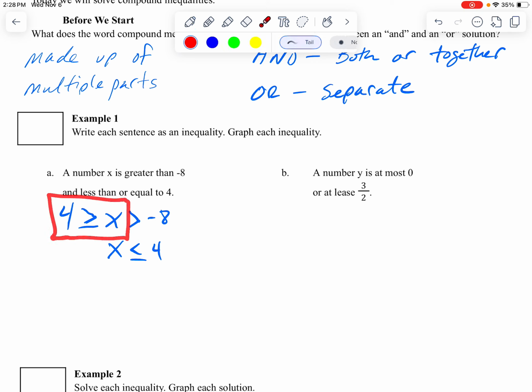Notice if we look at that from this position right here, we see that that value x, since it's on the small side of our symbol, means it is smaller than or equal to 4. And we could also write it down here as well. I've got x is less than or equal to 4, and then I could add on x is greater than -8.